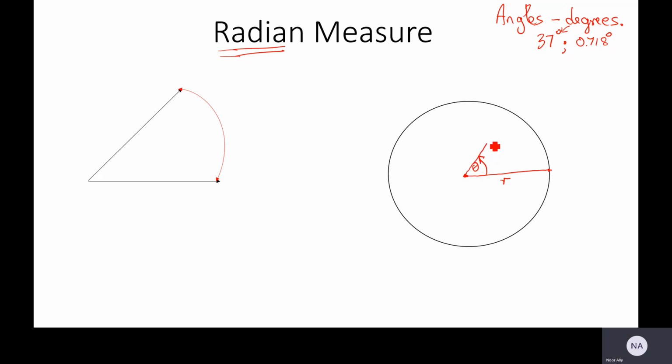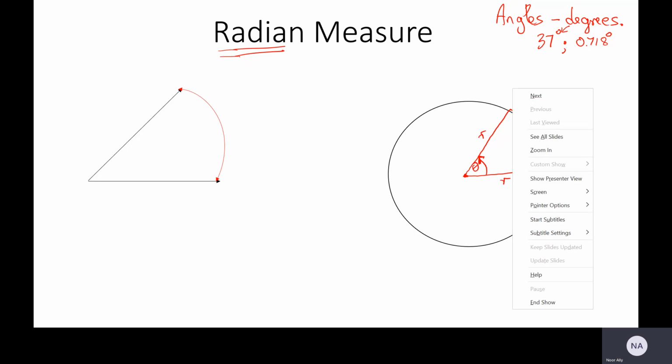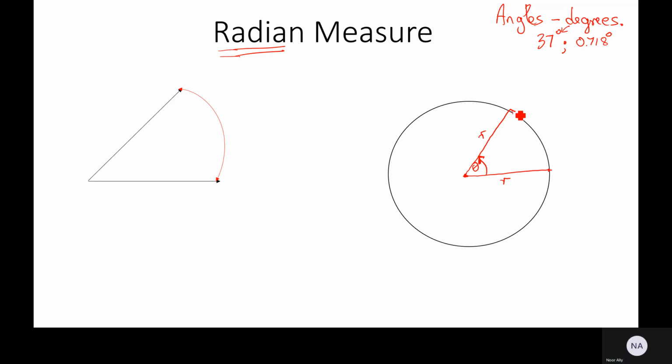And at the end of that angle, I can draw another radius. But that angle will affect this particular length of the circumference of the circle. Okay, so let me get that right. That over there. It's going to affect that length.